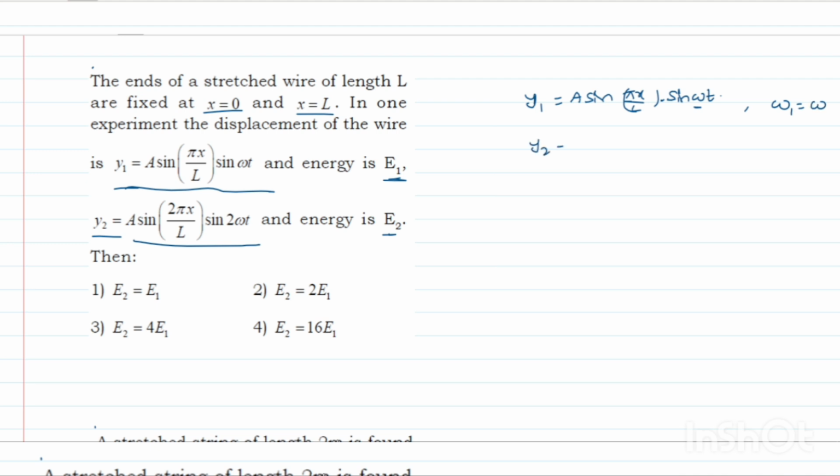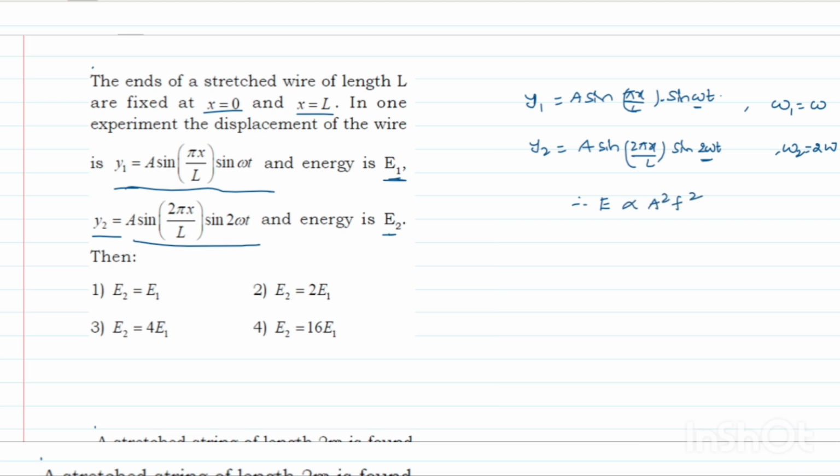And y2 is given as A sin 2 pi x by L into sin 2 omega t. So this second angular frequency you can take as 2 omega, and the energy relation in terms of the frequencies: E is directly proportional to A square into f square.